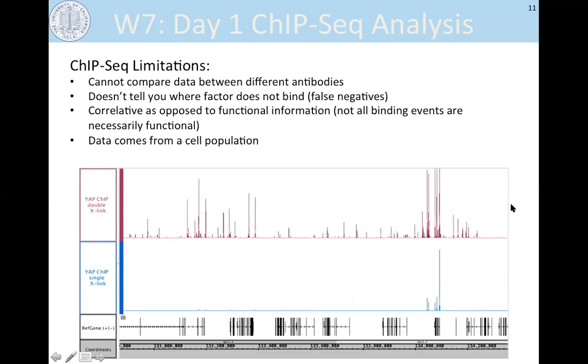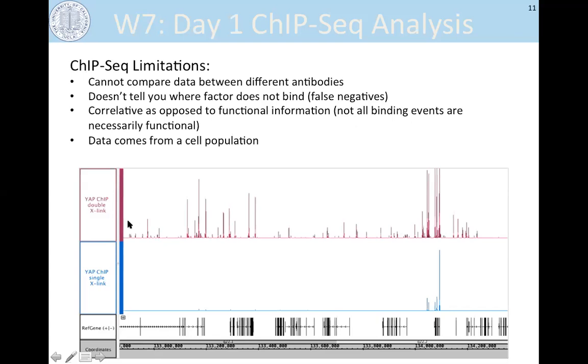However, if you tweak the protocol to do double cross-linking, for proteins that don't directly interact with DNA, you can increase your signal by doing an extra cross-linking step. You see, by this protocol, there are something like 10 times more peaks in this region of the genome.